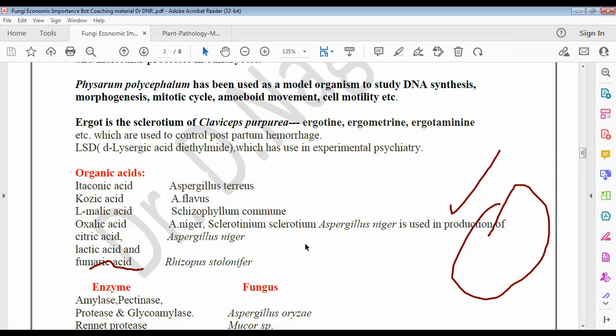These are all organic acids, secondary products, that we prepare using these microbes. In citric acid preparation, which fungus do we use? Aspergillus. For lactic acid, Rhizopus.